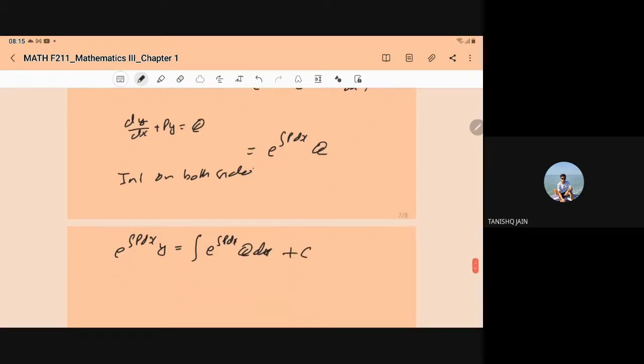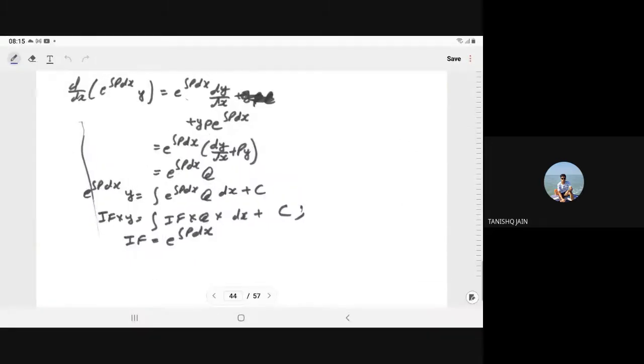So that is the same thing. Integrating factor into y is equal to integral integrating factor into Q with respect to x plus c. That is the solution. So you can understand by this also. So it means the exact equation, so exactly integrable. Clear?